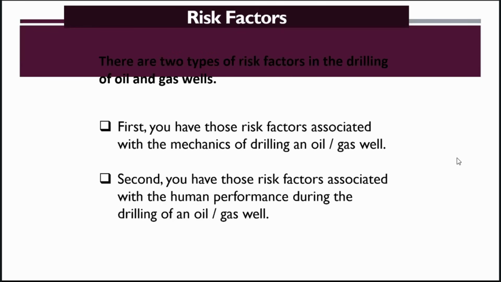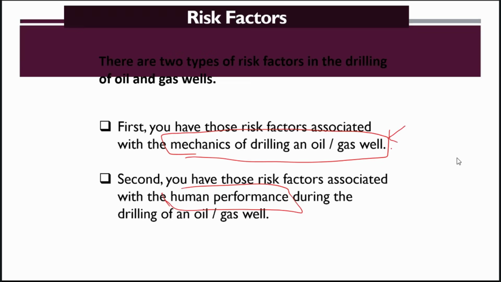You can have risk factors related to the mechanics of drilling an oil well, or risk factors associated with human performance. Abnormal pressure is a risk, but it is only a characteristic of the formation. You cannot do anything about it, so it is risk from mechanics. It does not have any human factor.